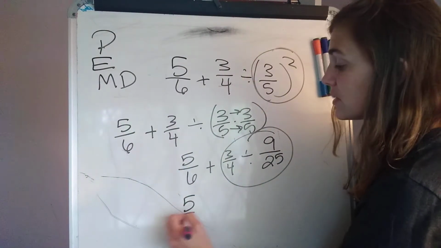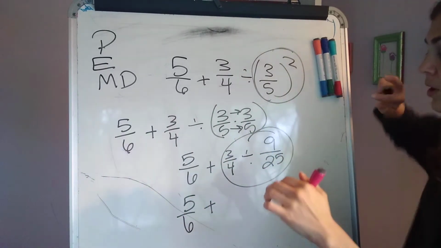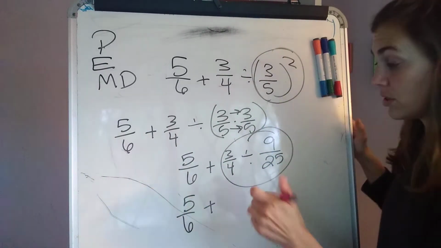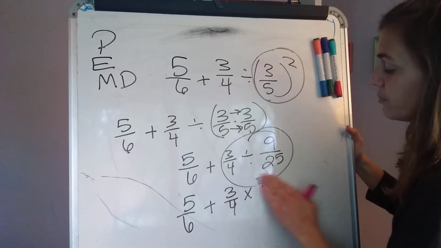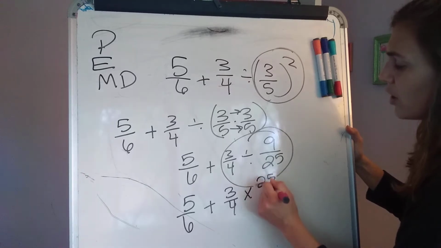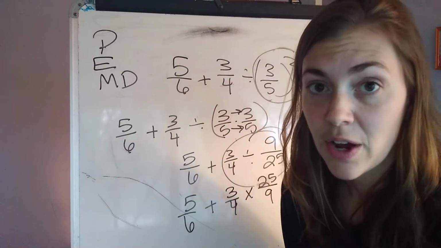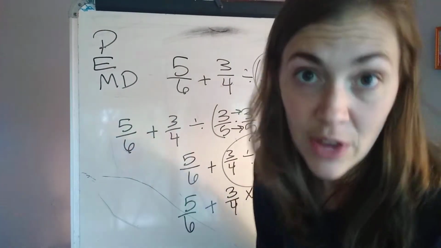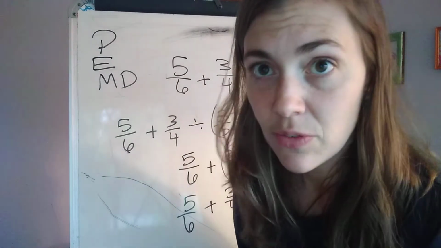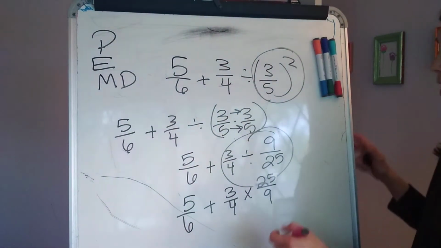So we take 5/6, and if you remember, the reciprocal just means that we are switching the numerator and the denominator: 3/4 times 25 over 9. Do we need to find a common denominator when we're multiplying fractions? Absolutely not. We don't need to find a common denominator when we're dividing or multiplying. The only time you have to find a common denominator is when you're left with adding or subtracting.